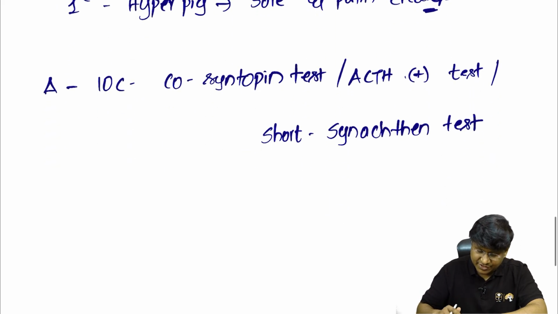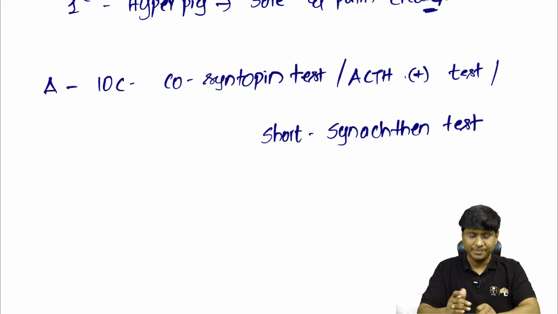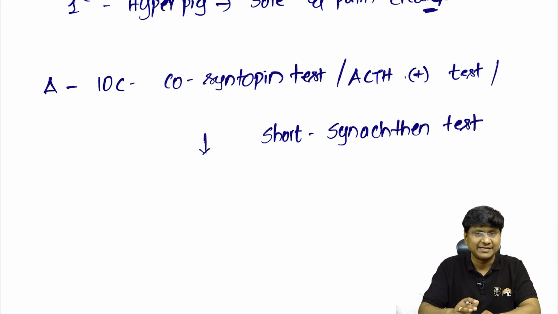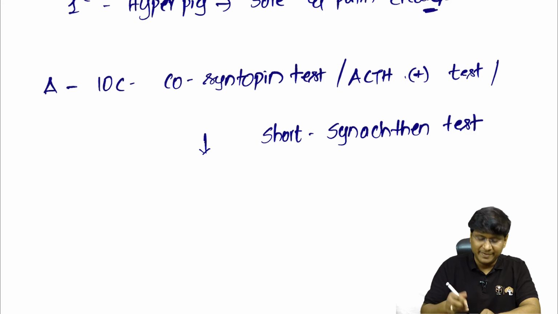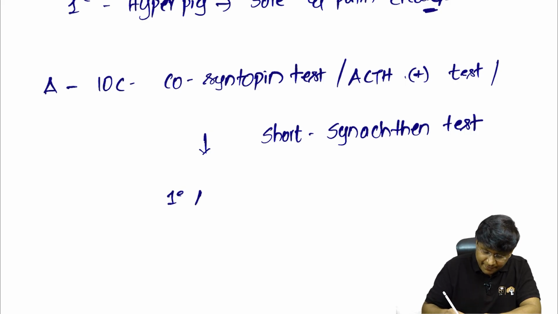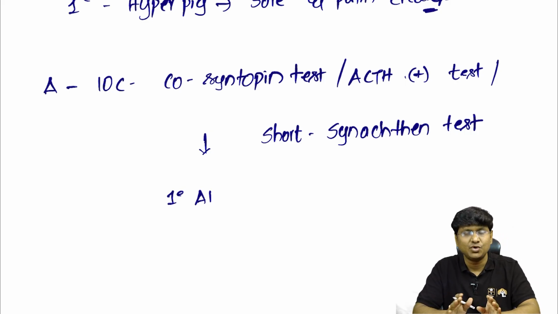So these are the various names for this Susre test. Now you need to be aware that in the Susre test, you will be able to make out only primary adrenocortical insufficiency. You will not be able to diagnose secondary. Only primary adrenocortical insufficiency can be made out by your Susre test or ACTH stimulation test or the MADIC test.